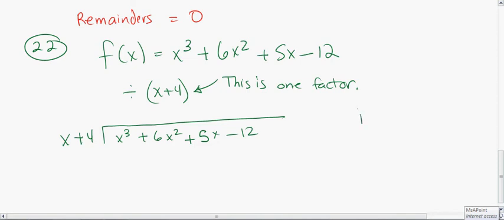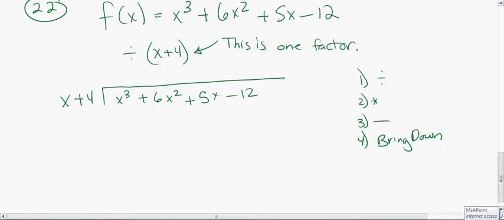I've got that same process. I'm going to divide, multiply, subtract, and then bring down. So that should be pretty familiar now, especially if you've done most of those homework problems.